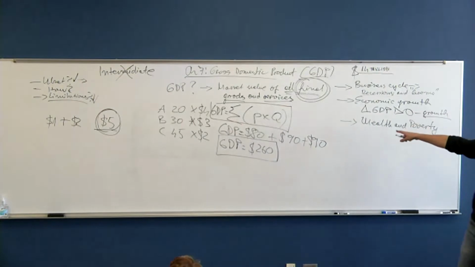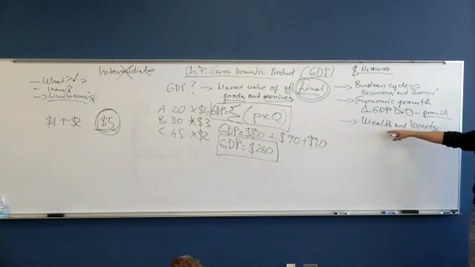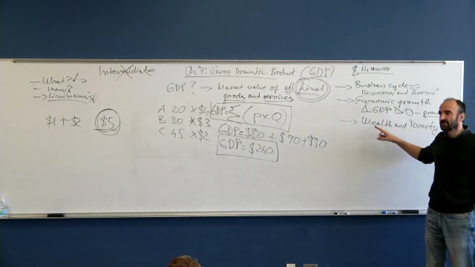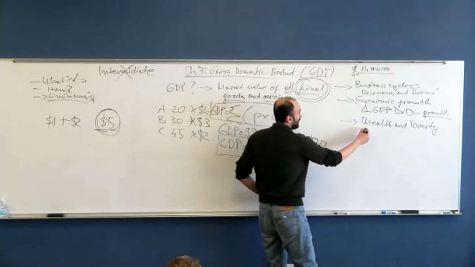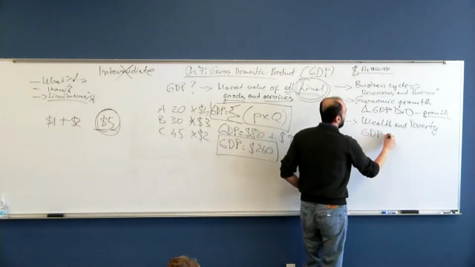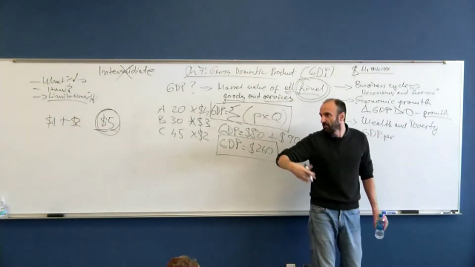So then, this is the complication or additional qualification that I talked about at the beginning, where you use GDP as a measure of wealth and poverty. It's not enough, GDP, you need something called GDP per capita. Per capita means per head or per person.